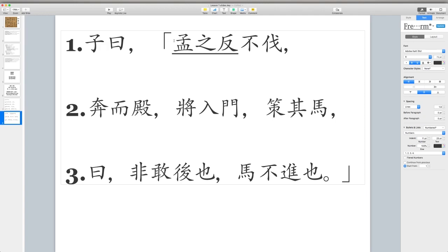But in Chinese, we don't have to do that. We don't have to keep saying he, right? We have our topic here, Meng Zhifan. And then we have a comment. He's not boastful. We have another comment. While retreating, he was serving in the rear. Another comment. When he was about to enter the gate. Another comment. He whipped his horse.